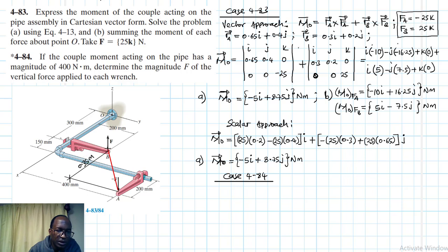This is this distance here, right? And the distance here for this one is equal to 400 minus 200, so it's 200, so it's 0.2 meters. So if we know that, then we can find this distance here.